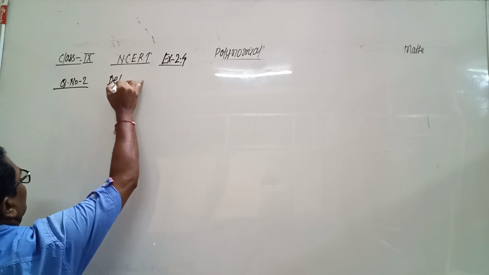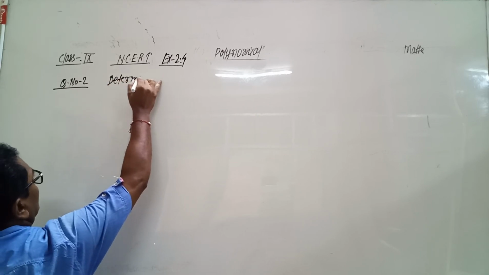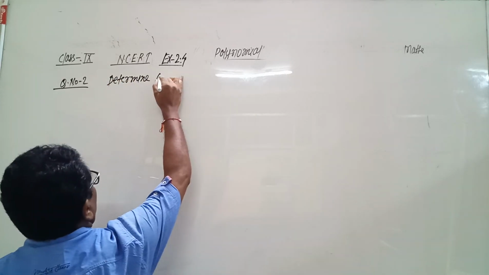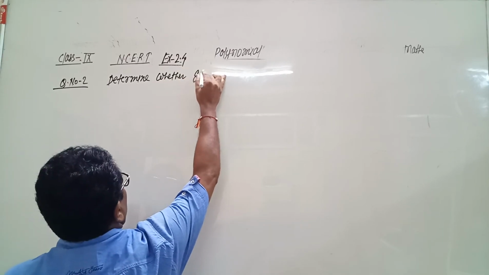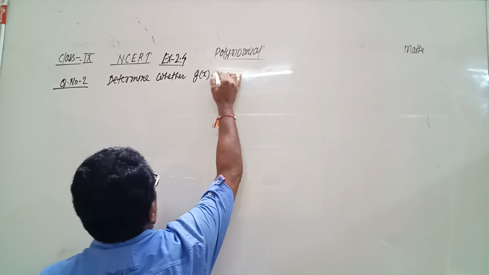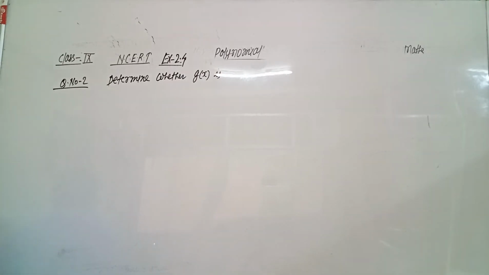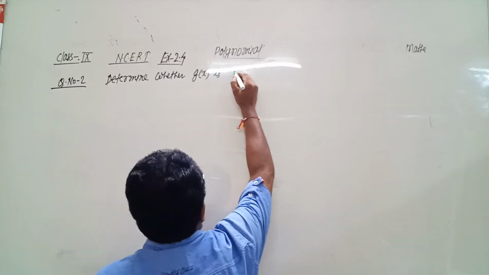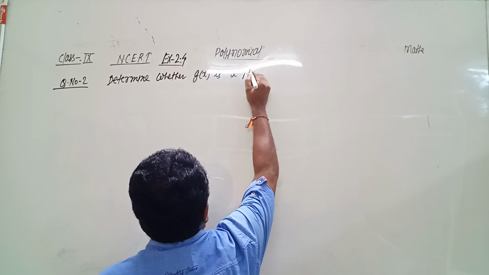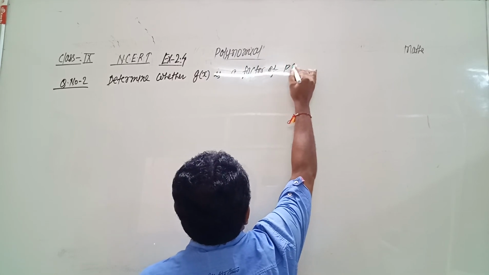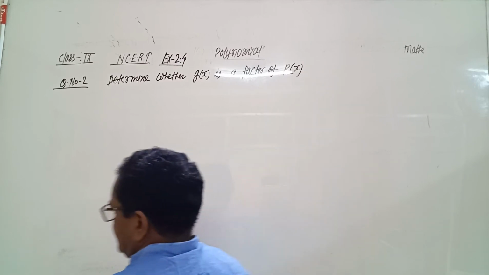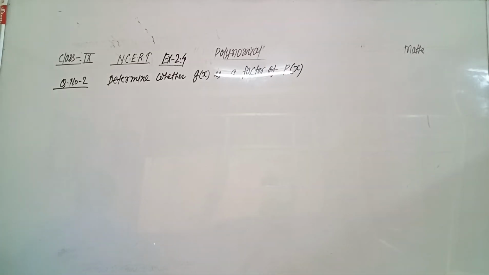Determine whether g(x) is a factor of p(x). We have given two polynomials p(x) and g(x).